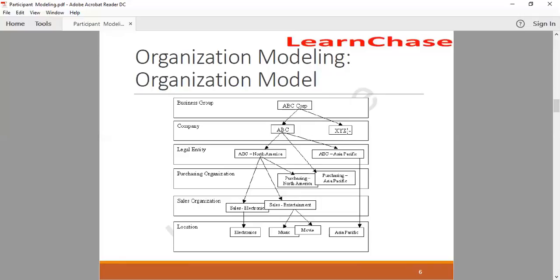One was NIT, the other one was HCL. There was a legal entity, whether it was HCL America or HCL Asia Pacific. The purchasing organization in America could be called something else, and in Asia Pacific it could be called something else. Depending upon how you define the hierarchy, the company is modeled on it.